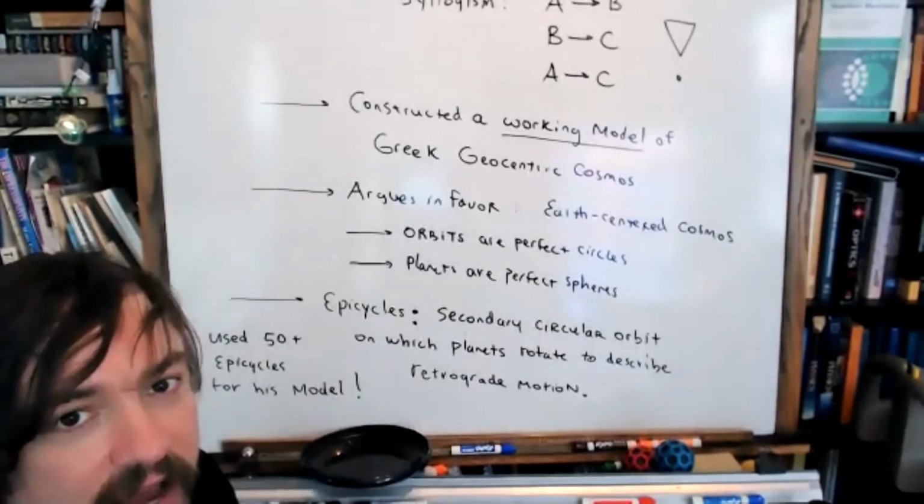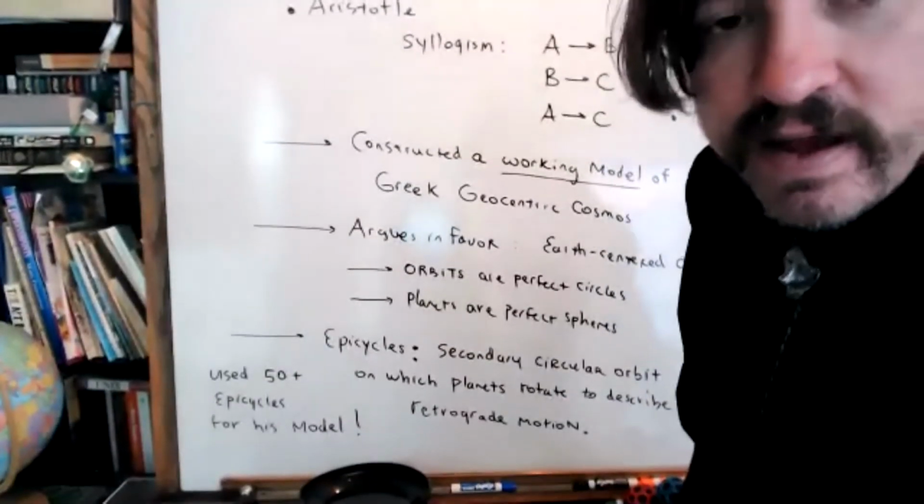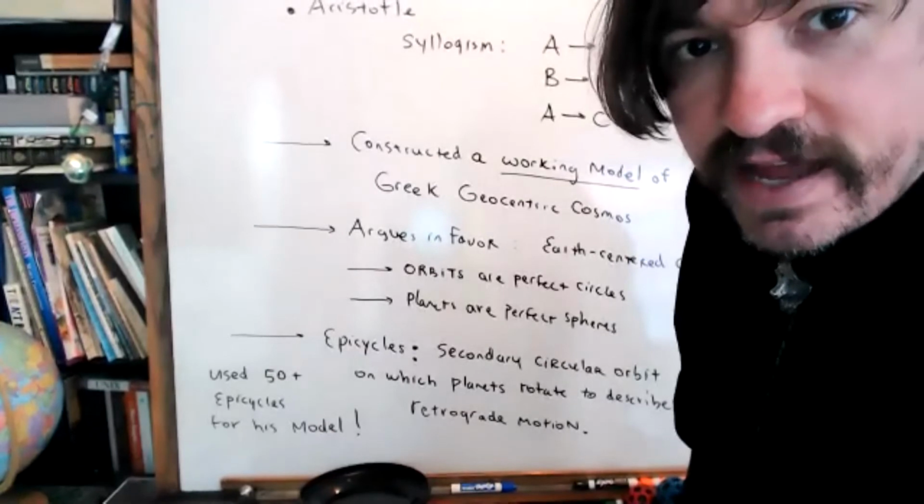Class, I'd like to ask you, how many rotating objects, can you count them with me? How many rotating objects would the Greeks have had to have taken care of?